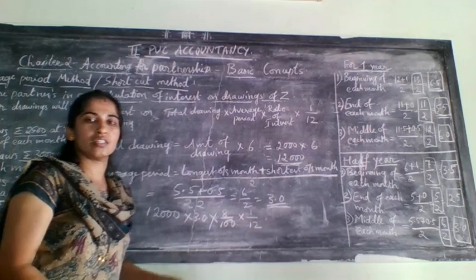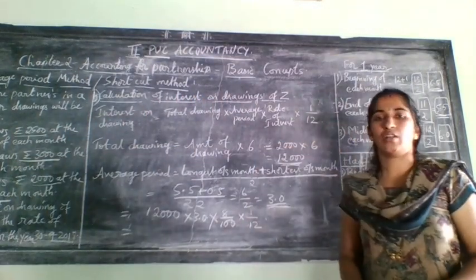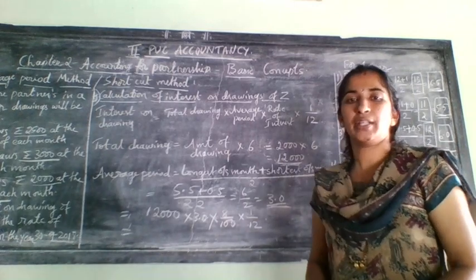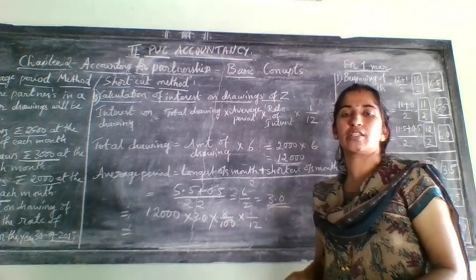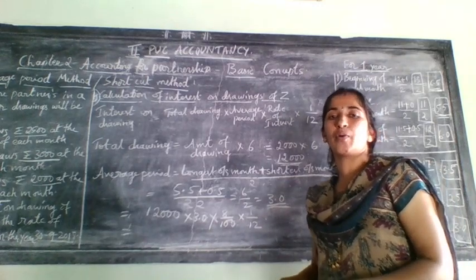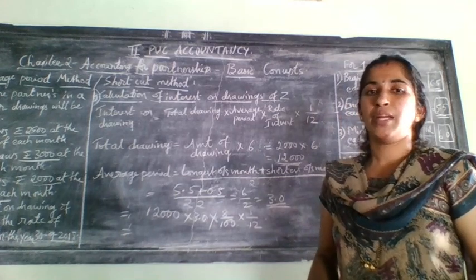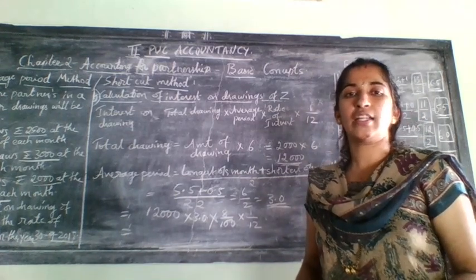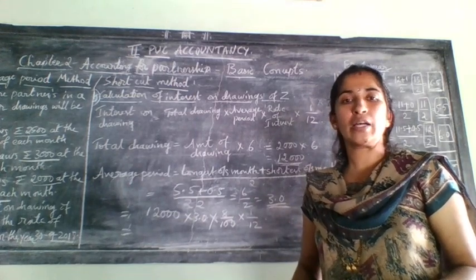So this is regarding the average period method or shortcut method. In your question bank you have problems related to this. I told you to do it in product method. Some have done it and showed me, and many more have not sent their answers. Some I corrected, and some are still pending.